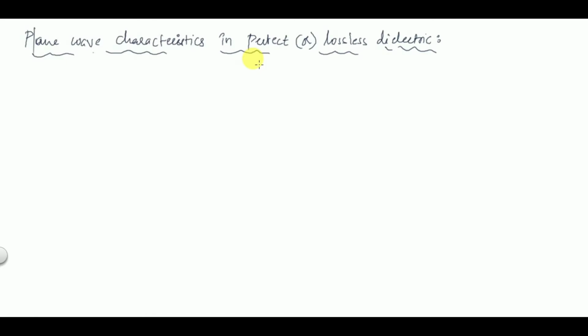Right, so when a wave is traveling in perfect or lossless dielectric, what are the conditions? The conditions for the medium parameters are sigma is equal to 0, mu is equal to mu naught mu r, and epsilon is equal to epsilon naught epsilon r. Okay, so epsilon naught is the permittivity of free space.